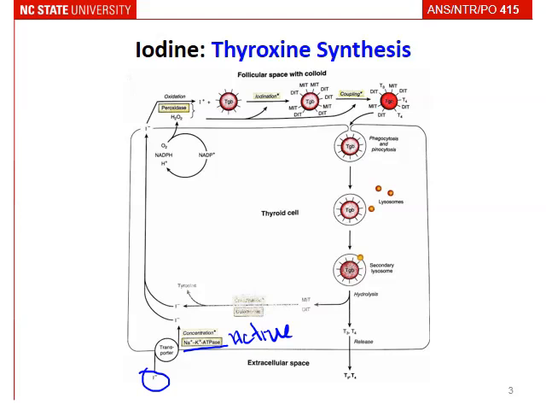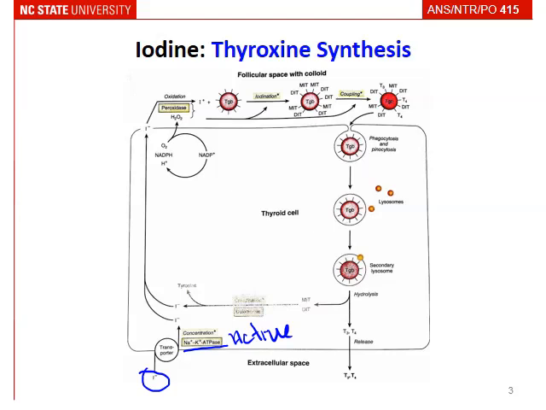And once it's within the cell, we then transport that iodine out into the follicular space within the thyroid gland. It's at this point that we oxidize our iodine. It's now charged, and we're able to bind that to our thyroglobulin.